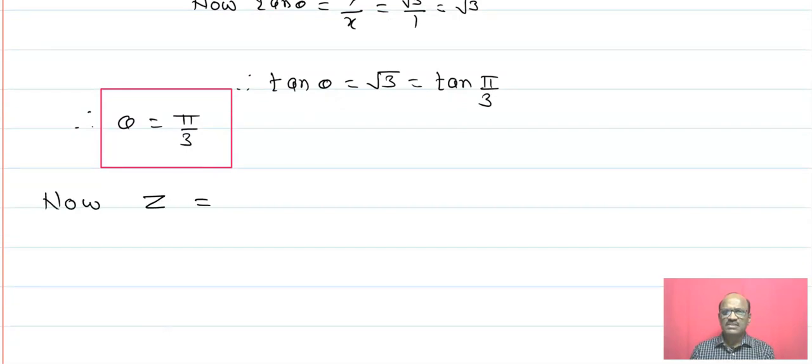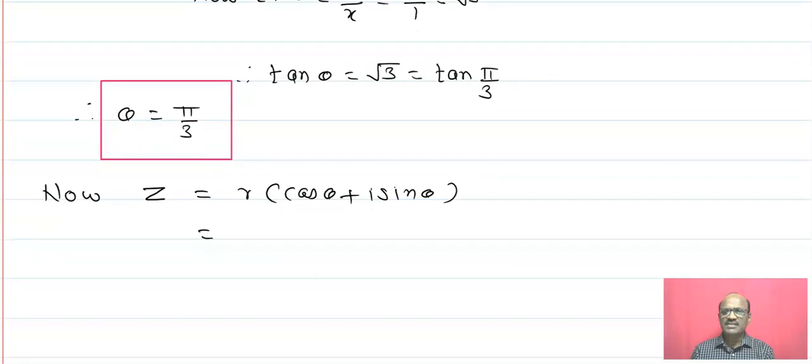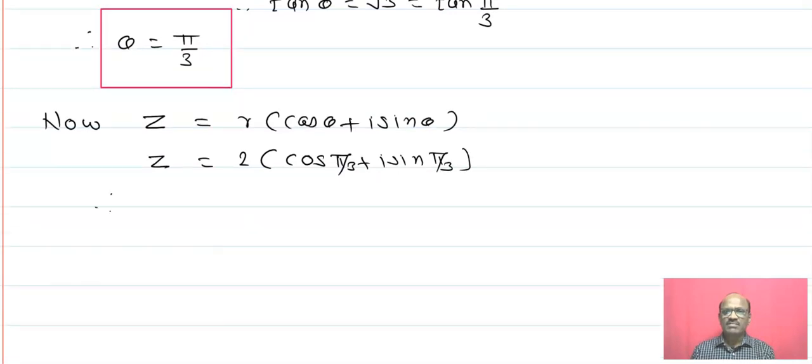Now z is equal to r (cos theta plus i times sin theta). Therefore 2 (cos of pi by 3 plus i times sin of pi by 3). This is in the polar form.